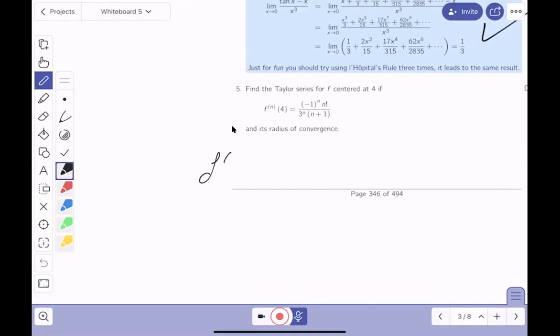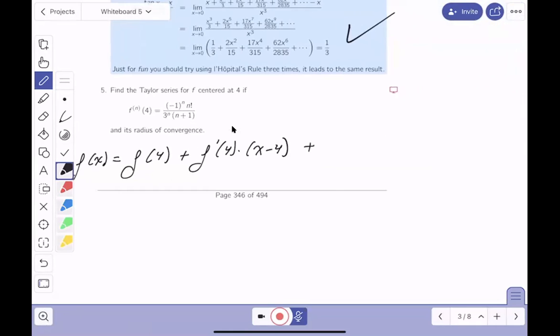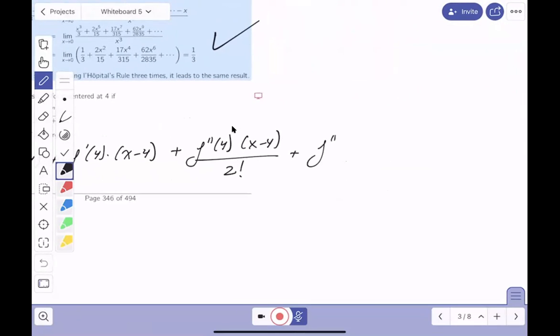So f of x is going to be f of 4 plus f prime at 4 times x minus 4 plus f double prime at 4 times (x minus 4) squared over 2 factorial plus, I could do this all day long, f triple prime at 4 times (x minus 4) cubed over 3 factorial.